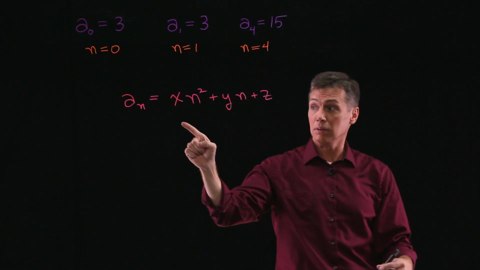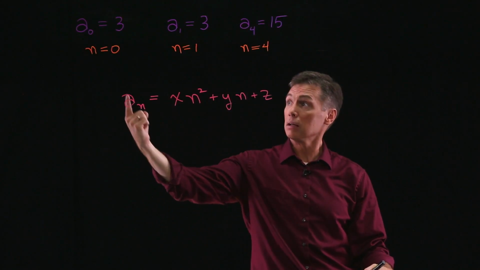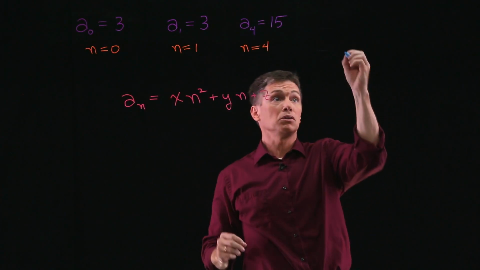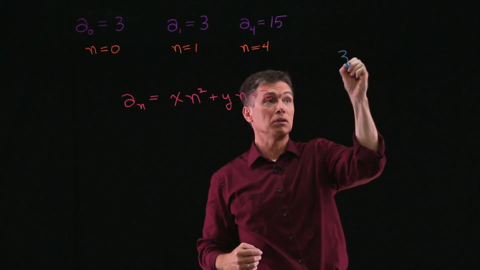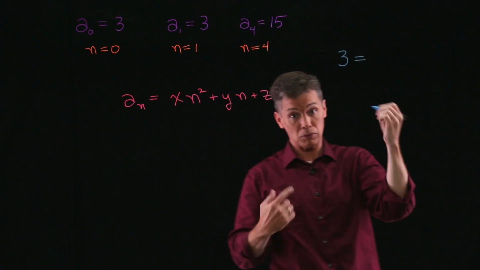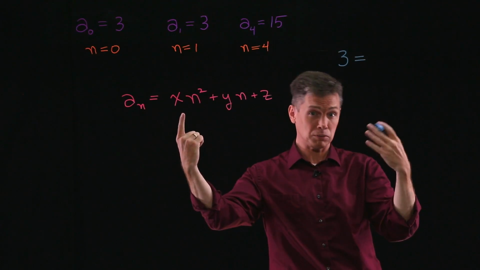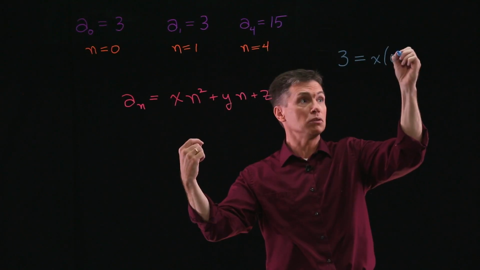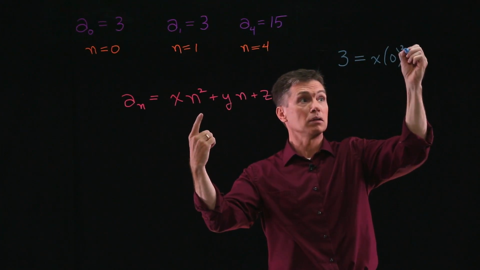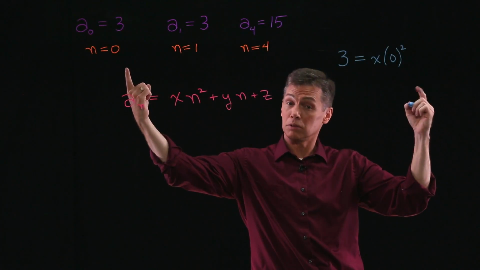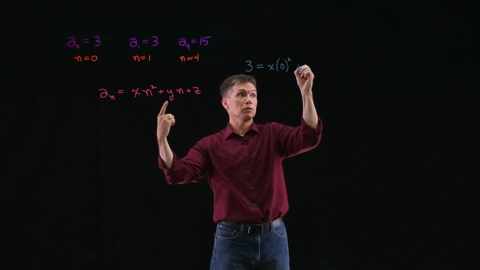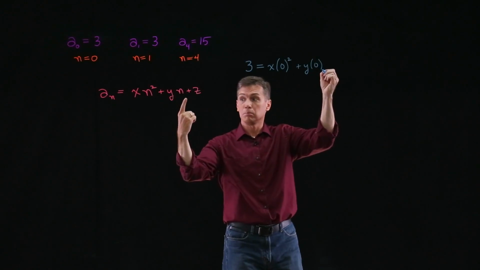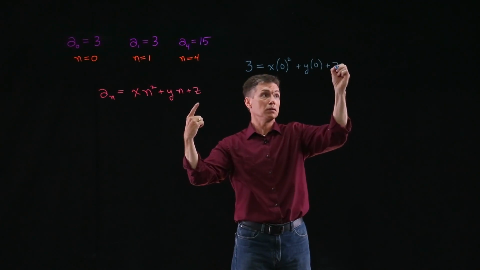So you're looking at this template, but for a sub n, let's start with the n of 0. We know that it equals 3. So the first equation I can come up with is that 3 equals, I'm following this formula, x times 0 squared. Again, n is 0 for this one. Plus y times 0 plus z.